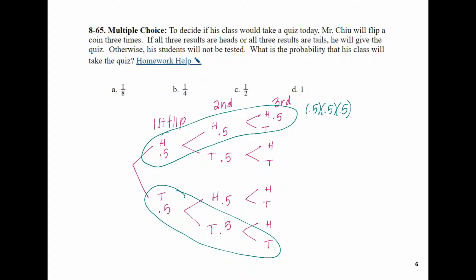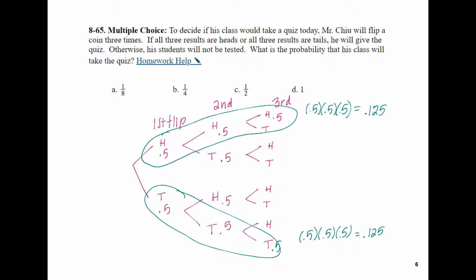Likewise, with flipping the tails 3 times, we have 0.5 times 0.5 times 0.5. So both of these equal 0.125. And either scenario will cause him to give the quiz.